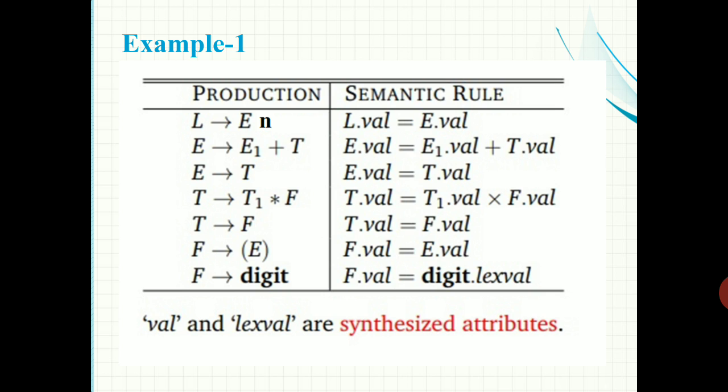First, concerning val, it is a synthesized attribute. You can see that in the semantic rules, the val value of L is evaluated from its child node, that is L.val equal to E.val, and E.val equal to E1.val plus T.val, then E.val equal to T.val, then T.val equal to T1.val into F.val, T.val equal to F.val, and F.val equal to E.val.